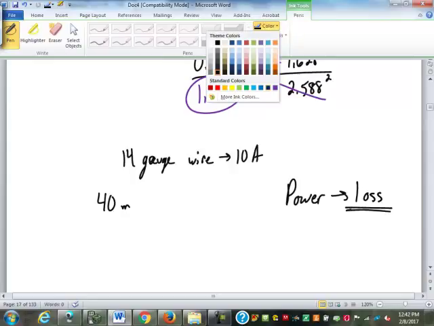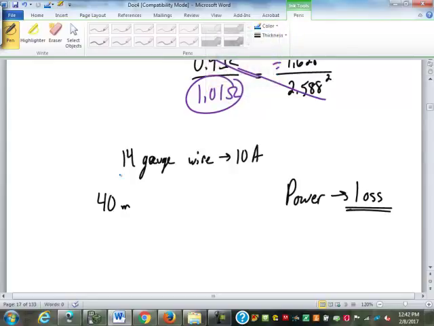So, to figure that out, 14 gauge wire, we look in that chart, page 277. 14 gauge wire is 1.628 millimeters in diameter. If I want to know what its resistance is for a unit of length, I need to know its resistivity.